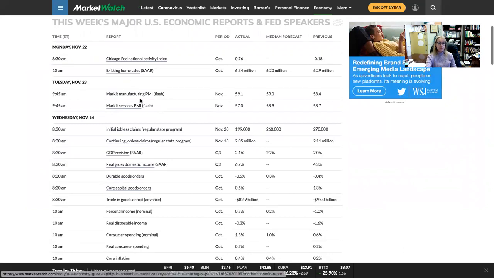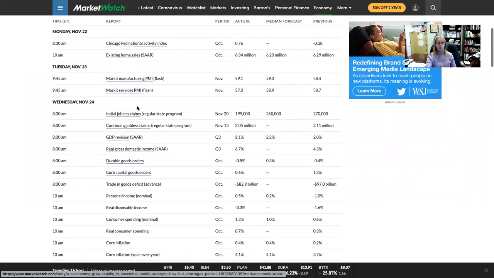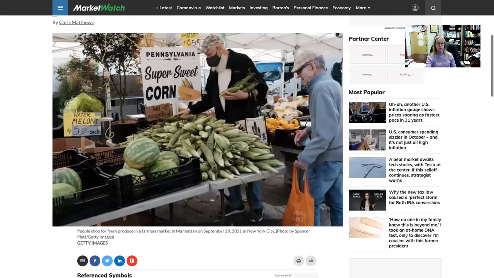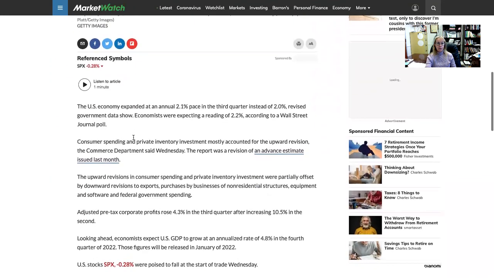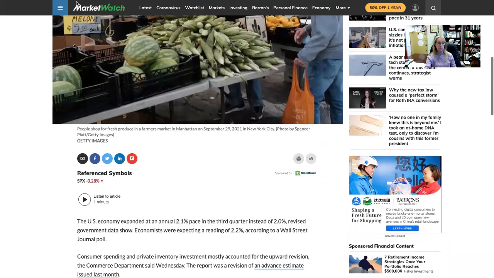Okay, so let's look at some of this stuff here. So here's GDP. This is the third quarter GDP, the change in GDP. If I click on this, here's an article. You can find an article about it and they'll give you some really good information there.